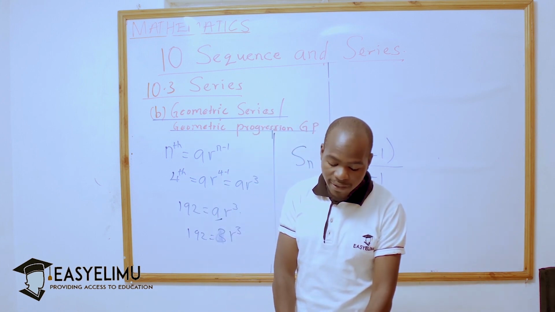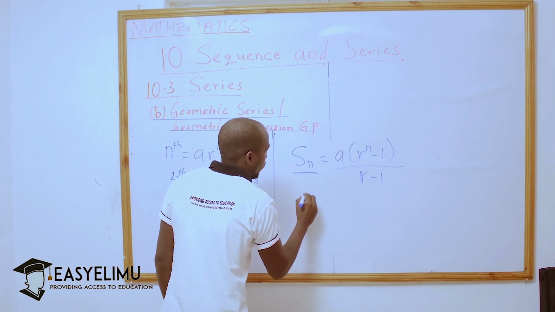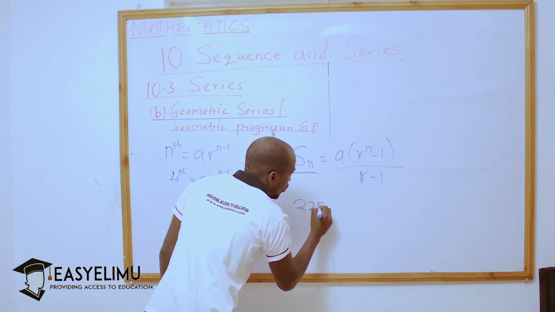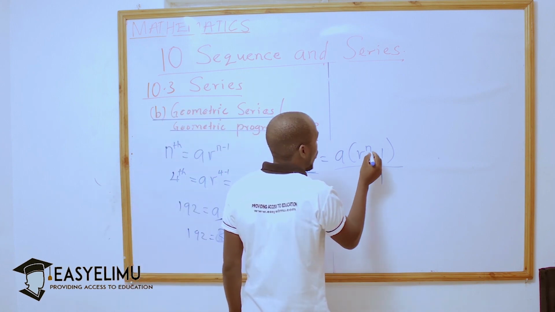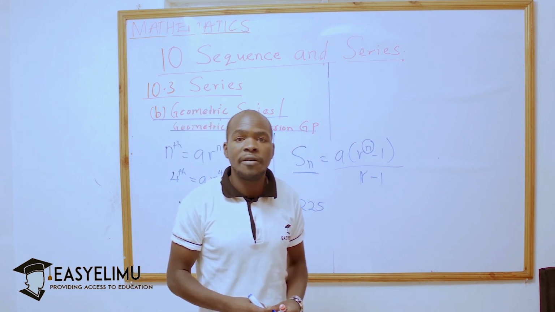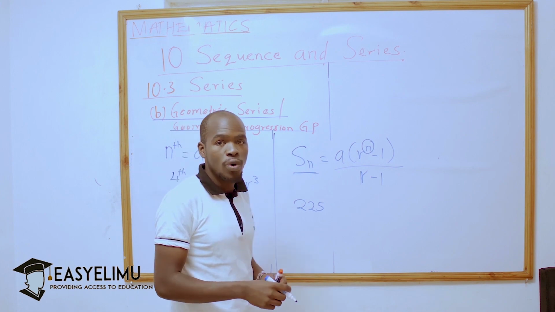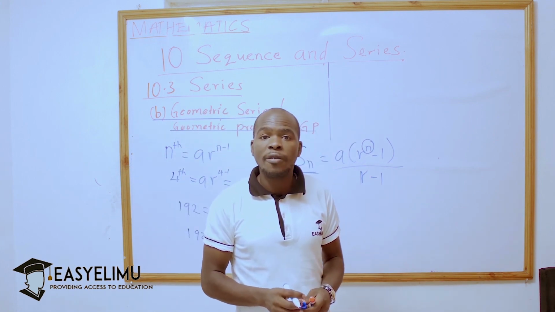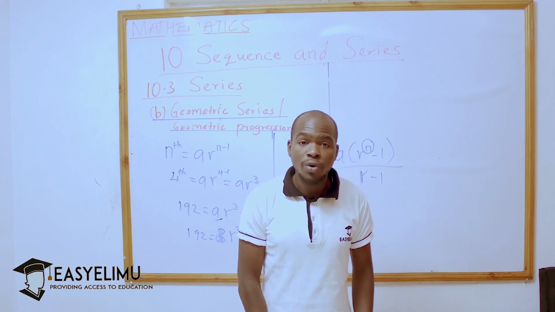And here we need a sum that will give you a total of 255. So you have to find the number of terms. What I'm requiring here is n. You will have to give out the value of n, if A equals 3 and R equals what you will find. With that, we have come to the end of geometric sequence and series.